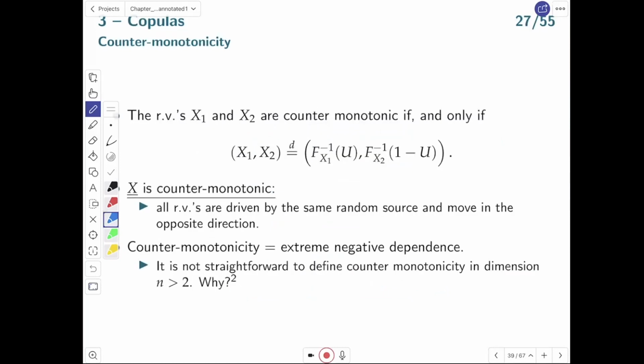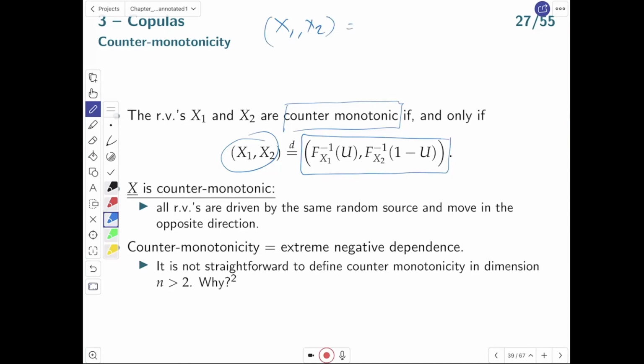Let's do the same thing. We look at x1, x2, which is now what we call counter-monotonic, and then you have this expression here. What is the same as the comonotonic case? Remember, comonotonicity was x1, x2 equal to F_X1 inverse of U, F_X2 inverse of U. What is similar is that there is only one single random source U that is driving both components.